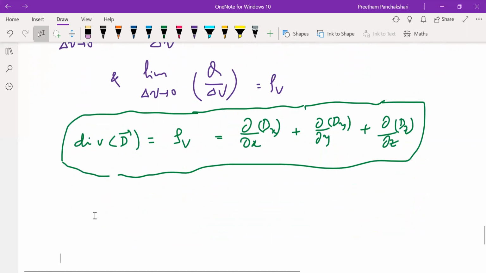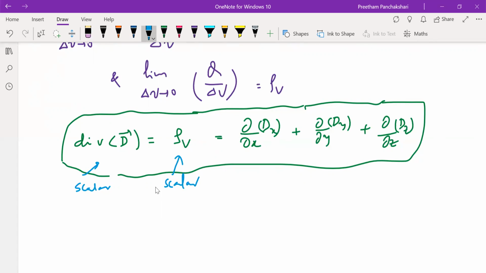We can continue for two more steps to get another equation by understanding the last equation. See here, rho v is a scalar, so divergence of D is also scalar. Both are scalar quantities. D is a vector, but divergence of a vector is a scalar quantity. Then the last term is also scalar.